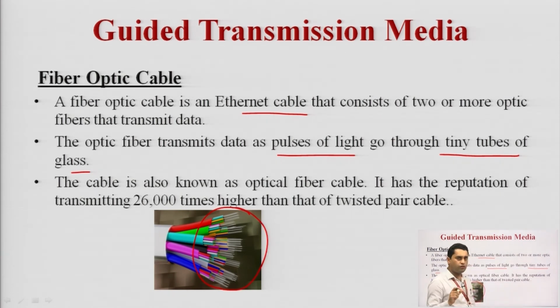If you have closely observed the optical fiber, if broadband is installed at your home, you can see a very thin wire, and inside it there is some sort of thread. These are basically those tiny tubes, and through them the data is traveling in the form of light. So, this is how the data is traveling through the fiber optic.